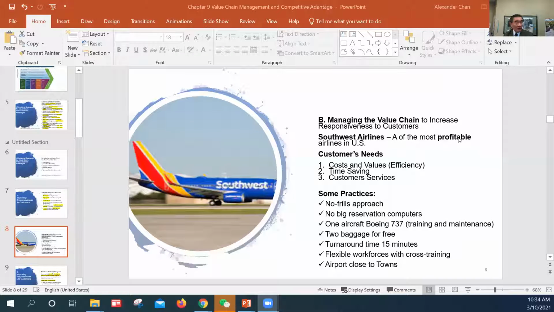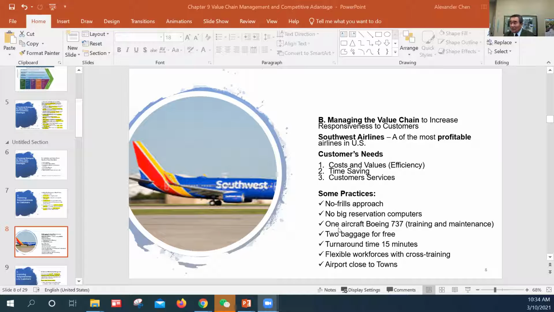That's part of the reason why Southwest has become one of the most profitable airlines, because they focus on the customer. Customers want low cost, something fast, and special services, and they try to use different supply chain areas to enhance these things.